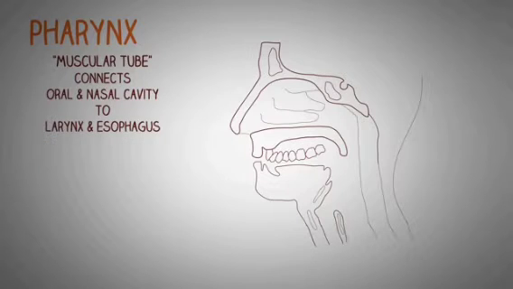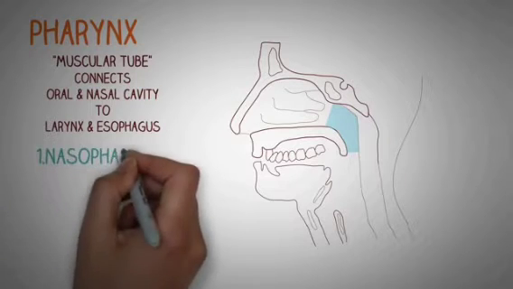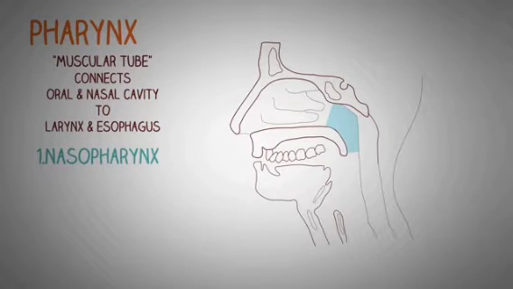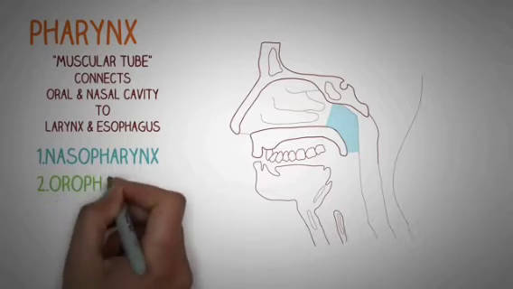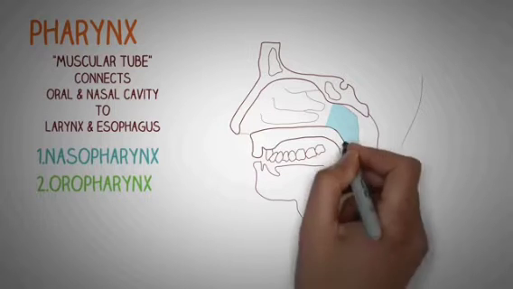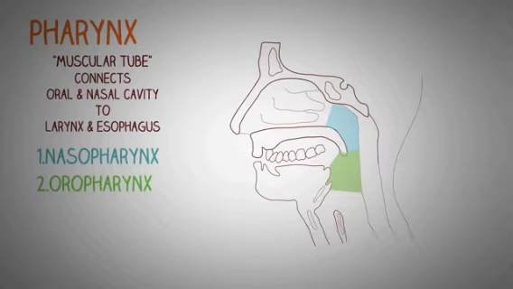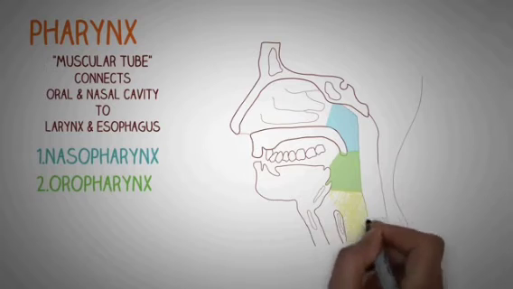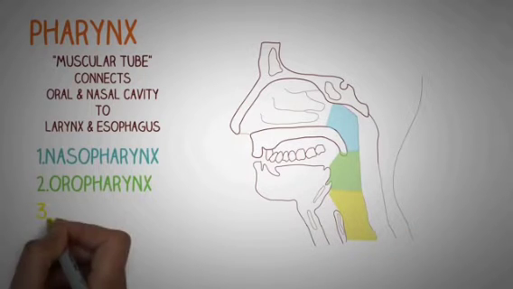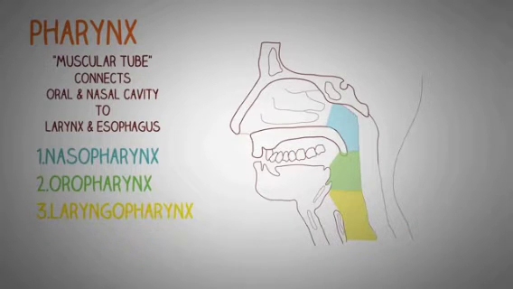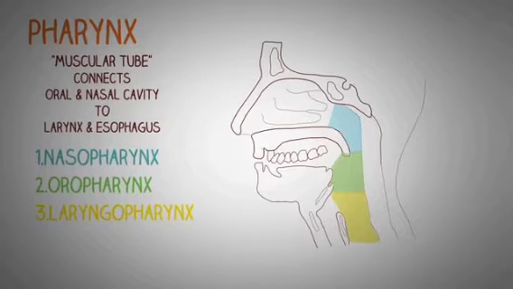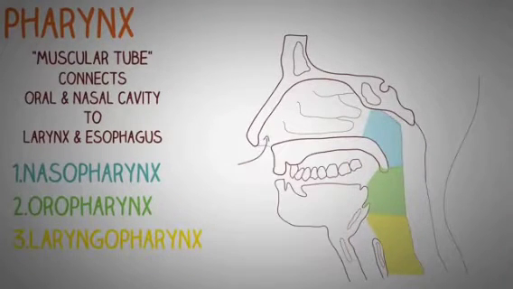A muscular tube connects the oral and the nasal cavity to the larynx and esophagus. In case of the pharynx, the air has to move towards the windpipe, and this is performed with the help of an opening called the glottis at the junction of, or you can say at the start of, the trachea or the windpipe.